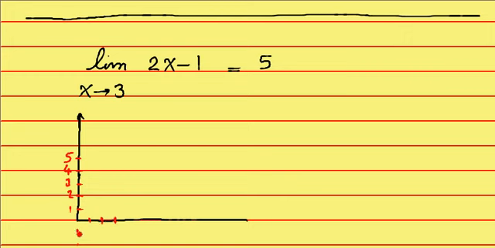Drawing this picture as carefully as we can. At 1 we are at 1, at 2 we are at 3, at 3 we are at 5. So we have a curve, this is the graph of y is equal to 2x minus 1.